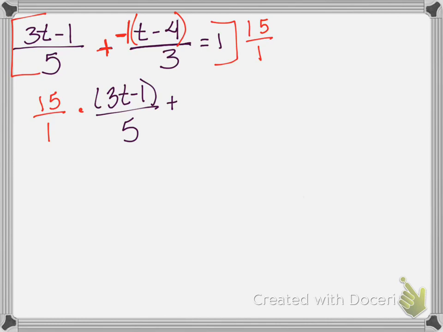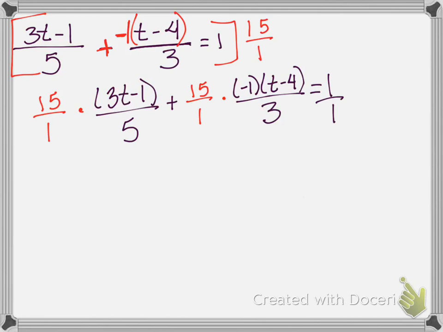Then I have 15 over 1, and I am multiplying that times negative 1 times t minus 4. Okay? Then that is equal to 1 over 1 times 15 over 1. Okay, let's deal with making this a simpler problem to solve.